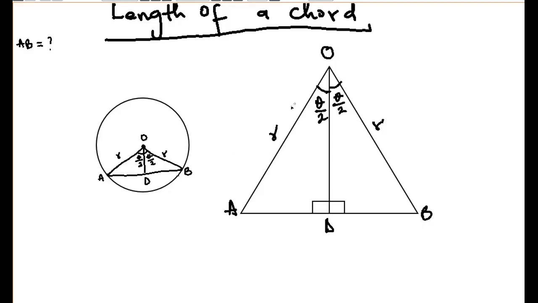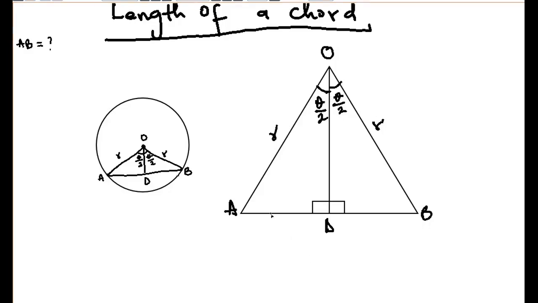So originally the angle AOB entirely was just theta, but this line I drew is a bisector, so it now divided theta into equal parts. That was why you have theta over 2 here.